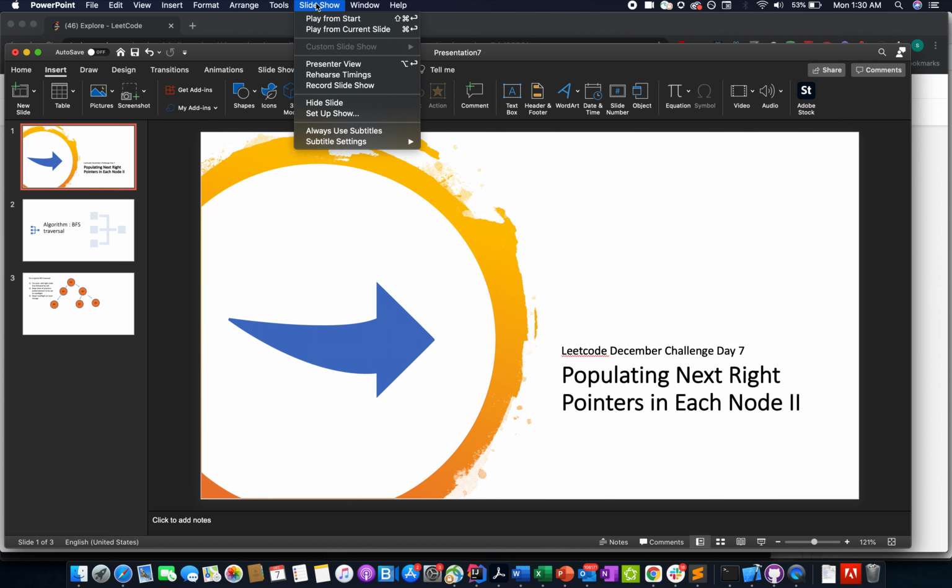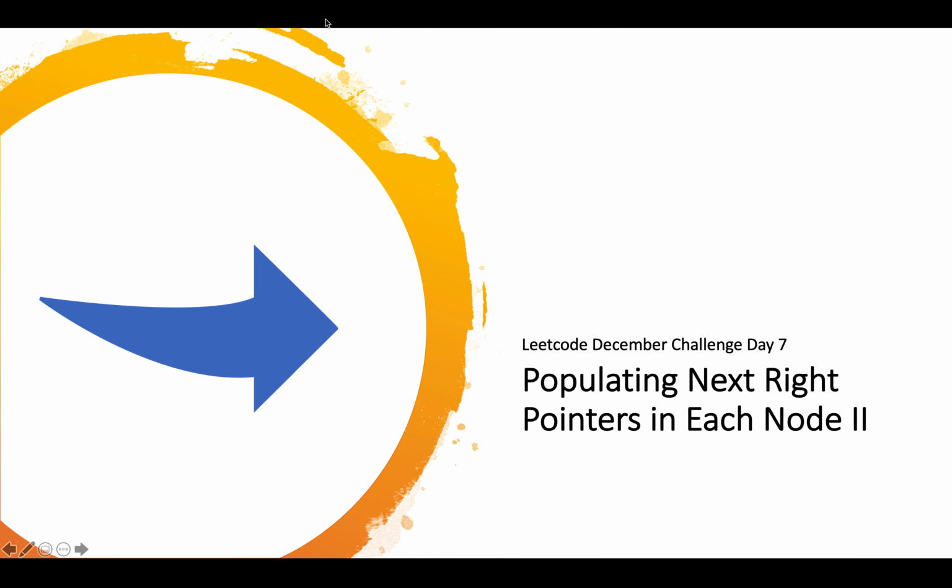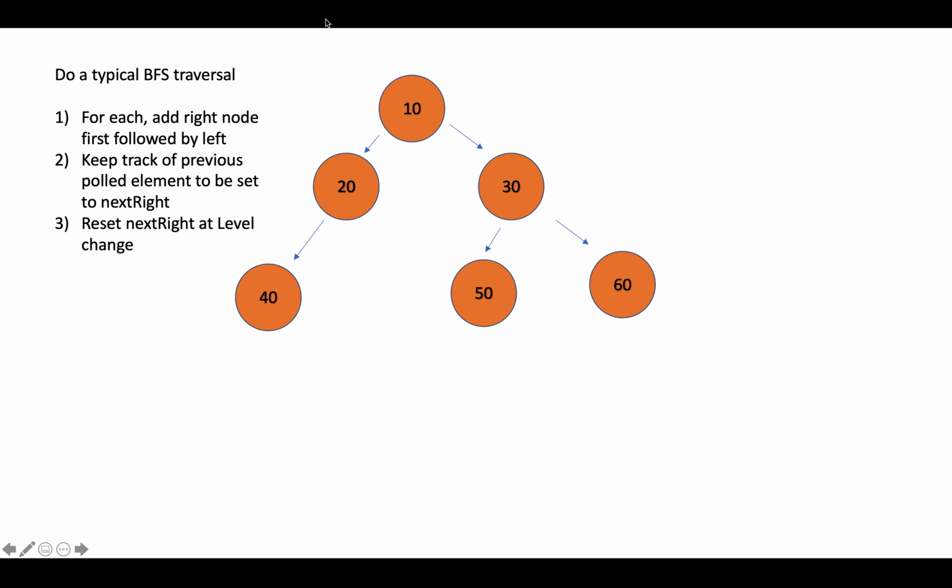So let me just start the slideshow, and let me just explain the algorithm. So what are we going to do in this question? We'll do a typical BFS traversal. There are few things that we need to take care of before we do the iteration. So this will point to null because there is no right element to it.